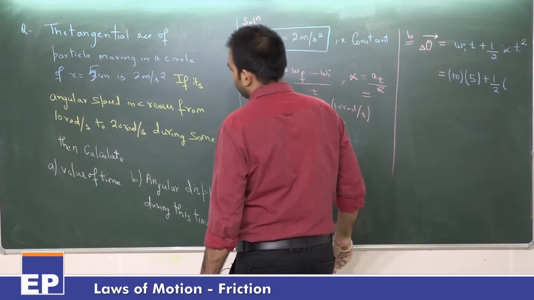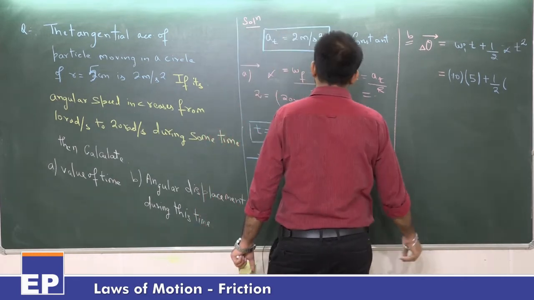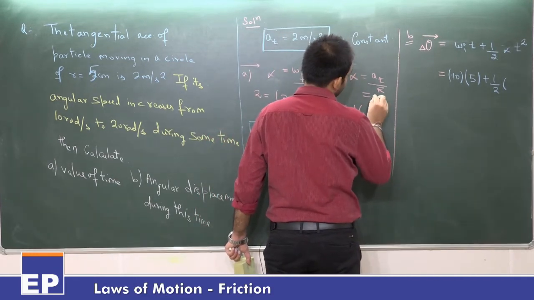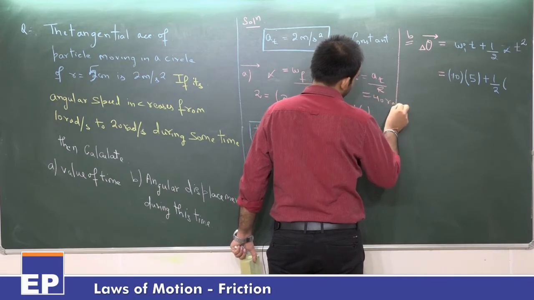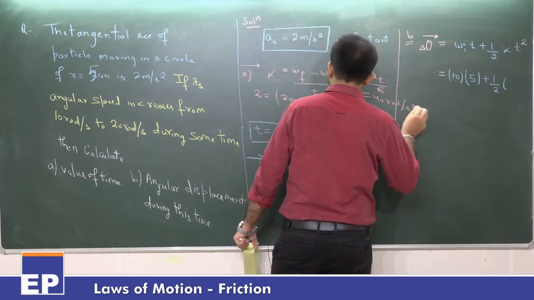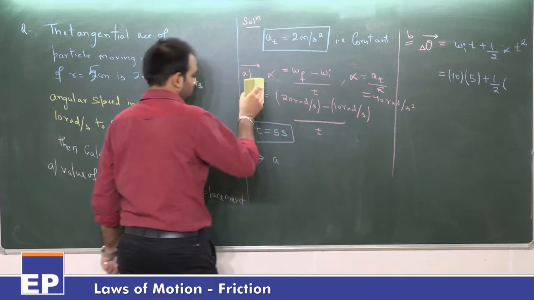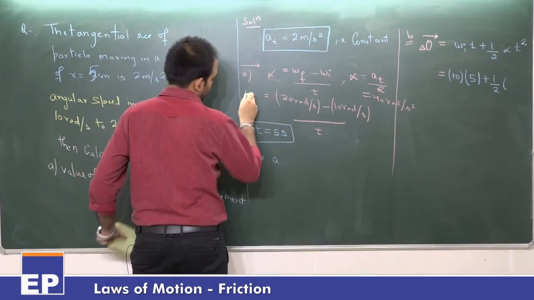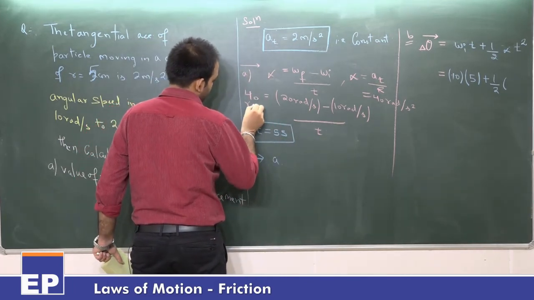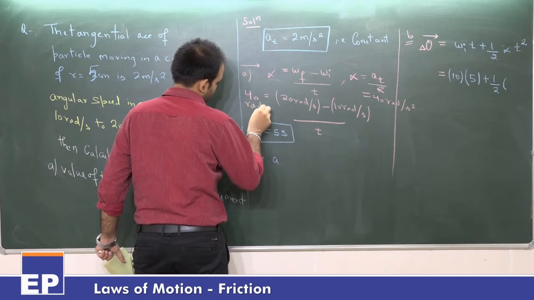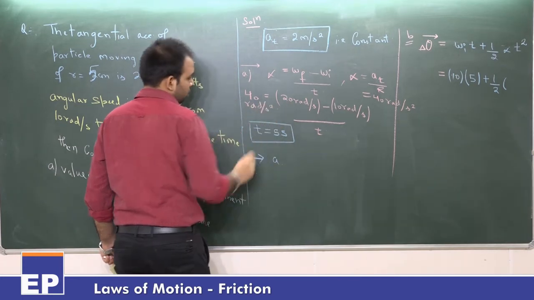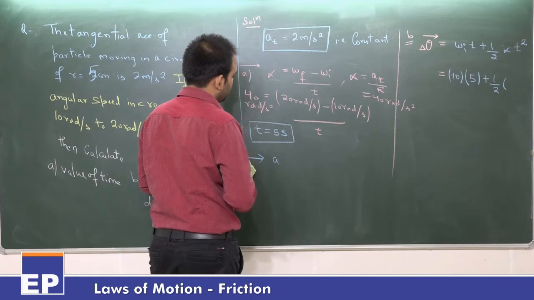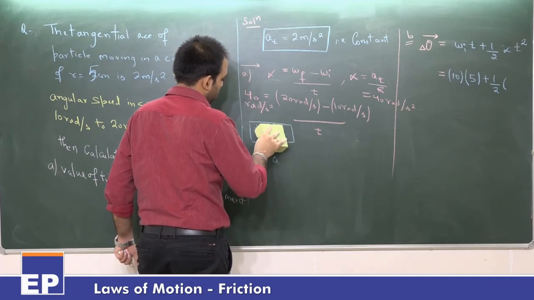R is how much? 5 centimeter, 1 by 20 meter. So 1 by 20 into 2 is 40. That is 40.